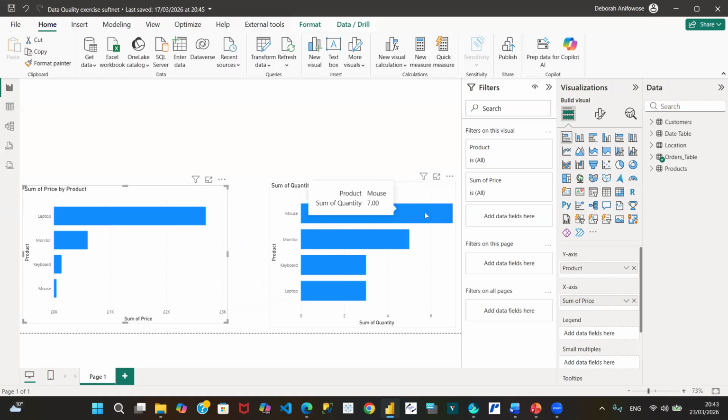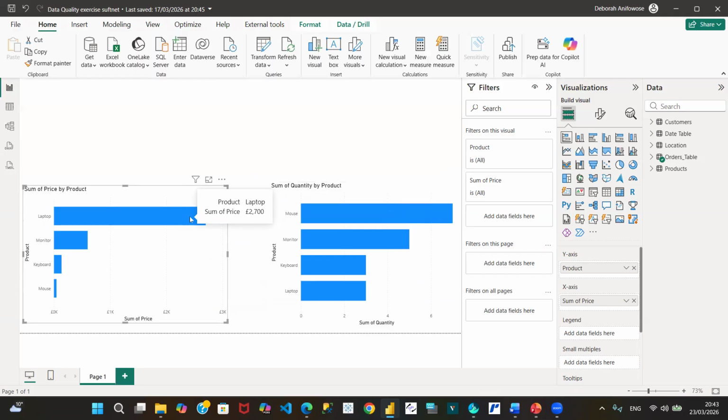It's got more meaning to it. We sold the highest amount of mouse in terms of quantity, but in terms of money, laptop is actually what gave us more, okay? How many laptops did we sell? We sold 3, and for 3 laptops, we made 2,700 in sales, not necessarily in profit, but in sales.